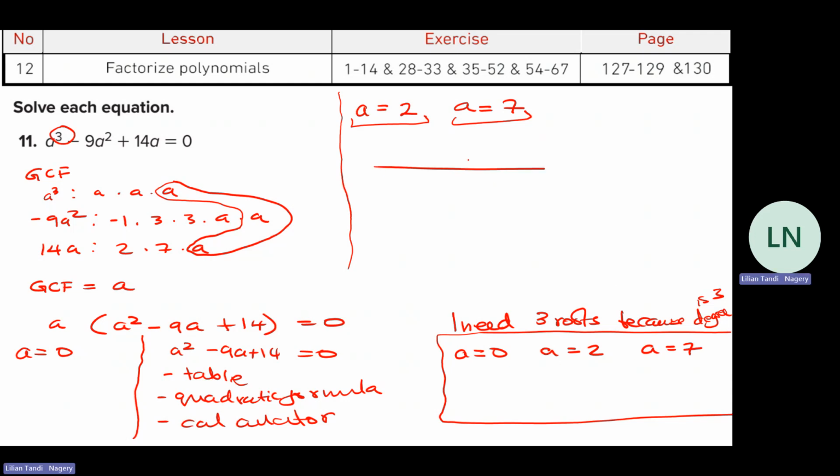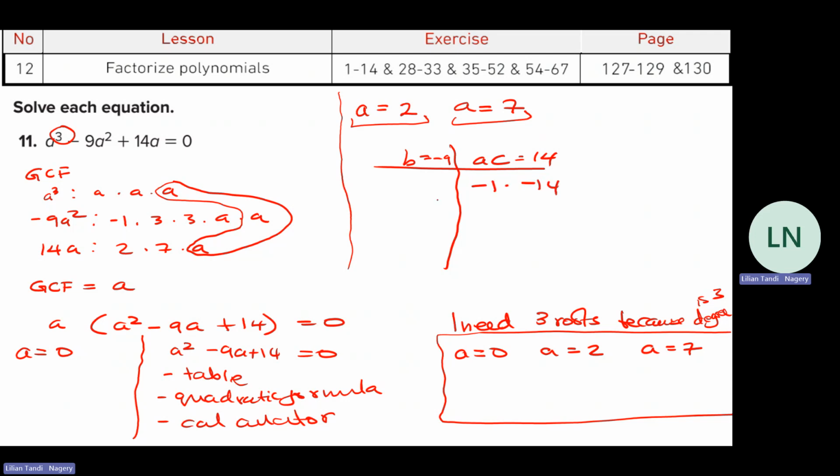So I checked mine with my table because I did both table and quadratic formula. So this is my B. This is my AC. My B is -9. My AC is 14. What 2 numbers can I multiply?